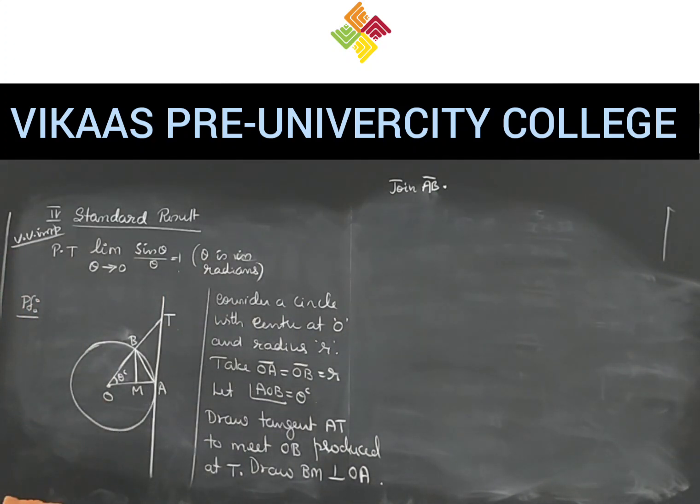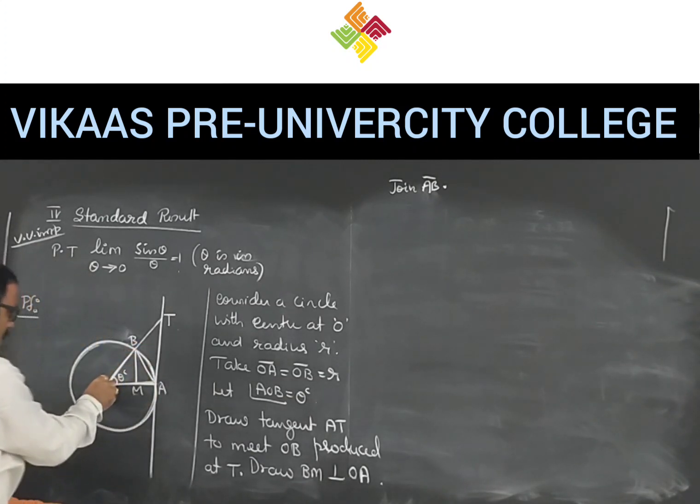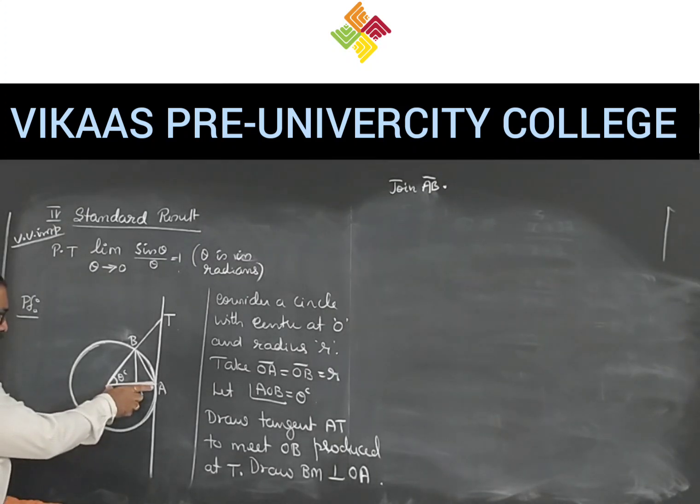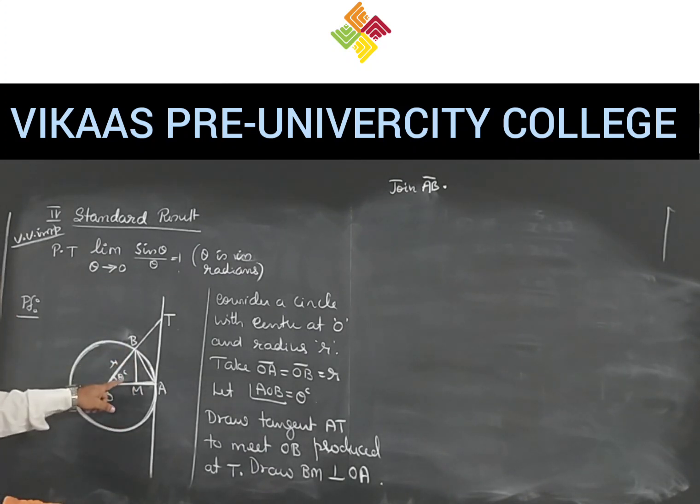Some basic construction. But that, you consider a circle with the center at O and radius R. You take two radii OA and OB equal to R. Now take this angle as theta radians.